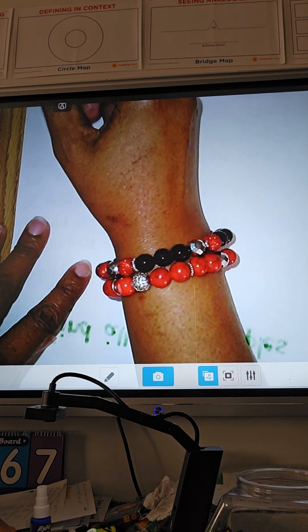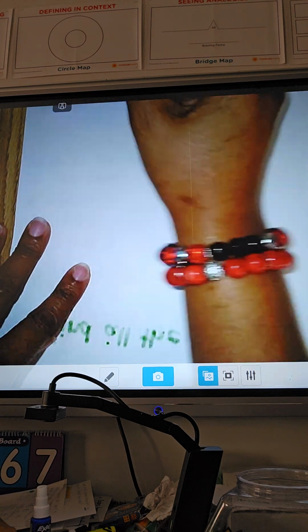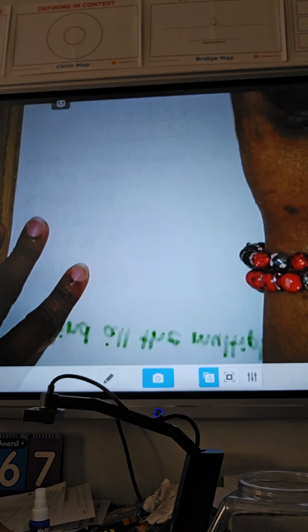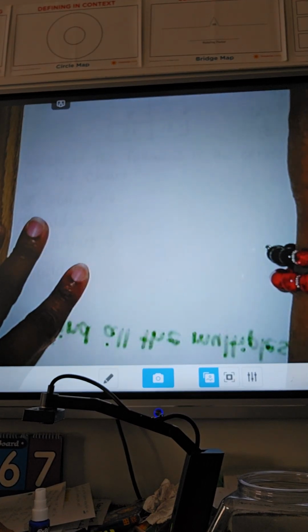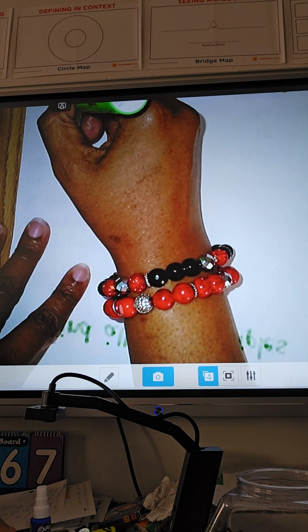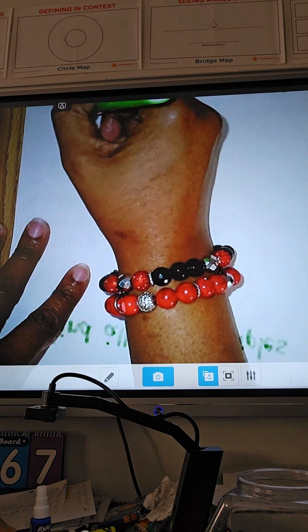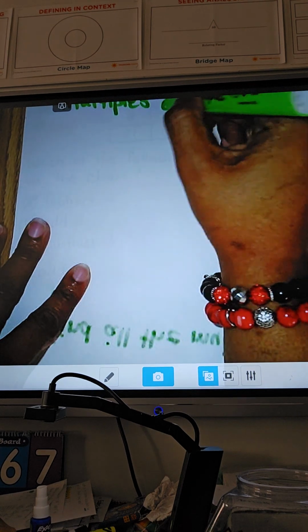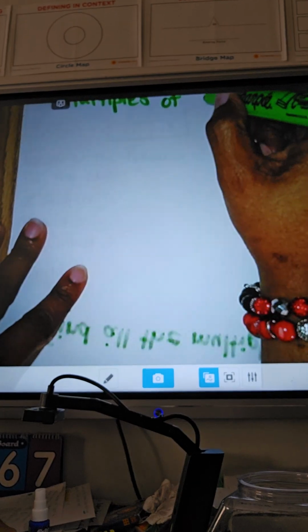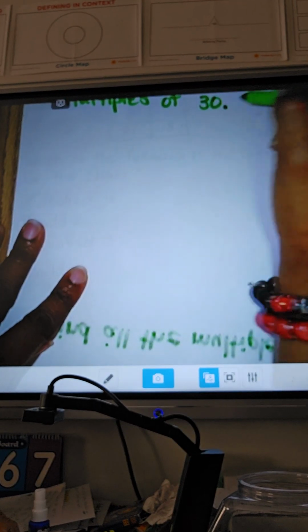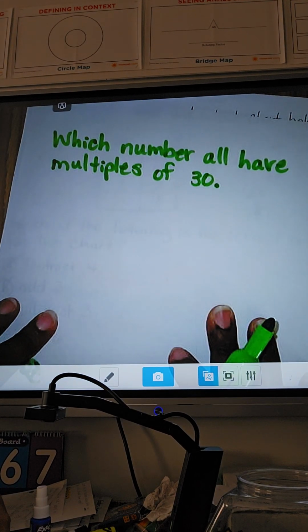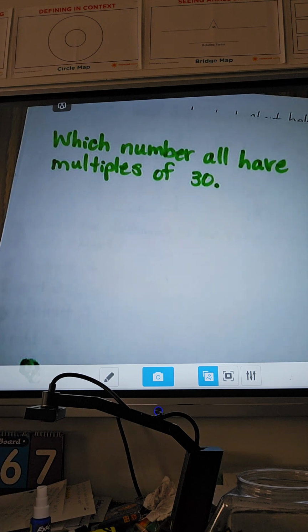So which numbers all have multiples of 30? Okay, list multiples that all have, which numbers all have multiples of 30.